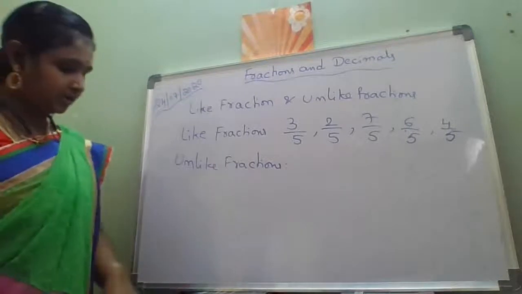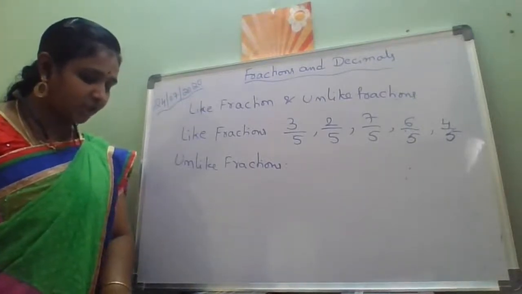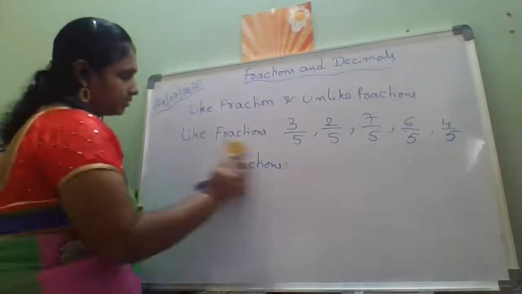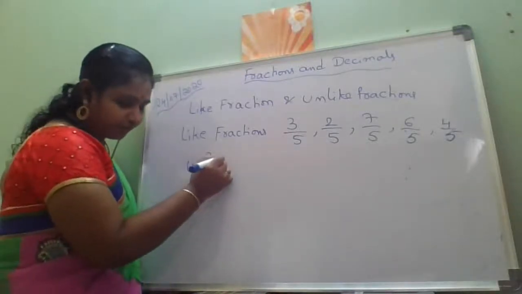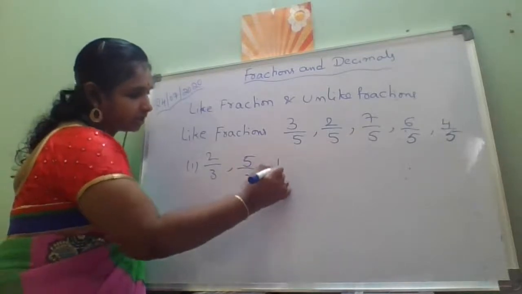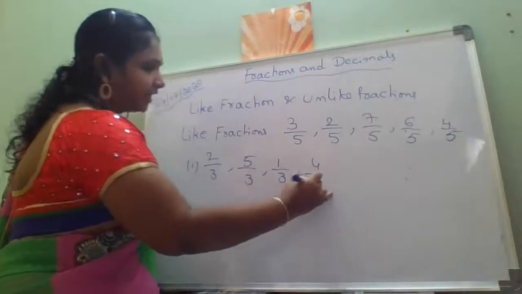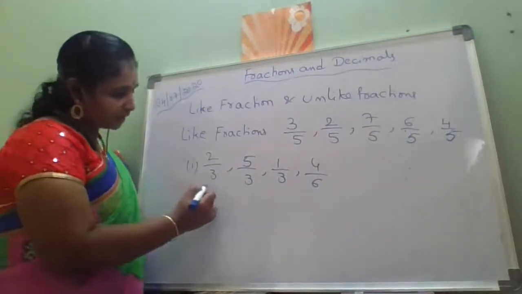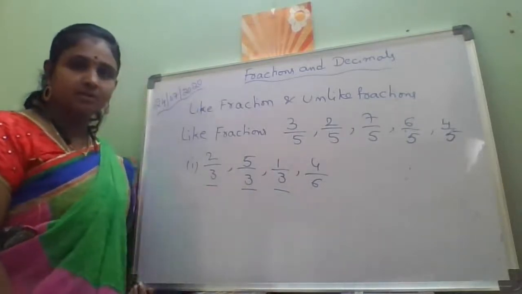Next one. From each of these, I identify like fraction numbers. So I will give one set of fraction numbers. In this, identify like fractions. So these: 2 by 3, 5 by 3, 1 by 3.